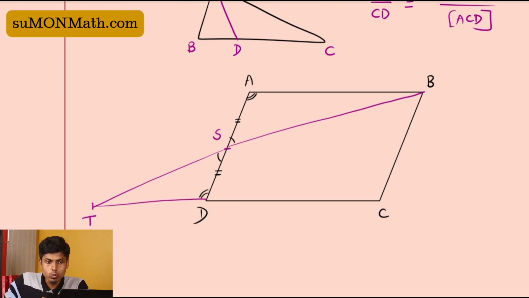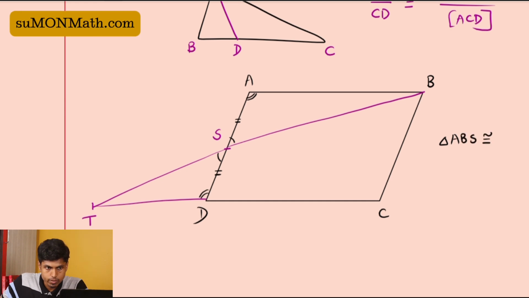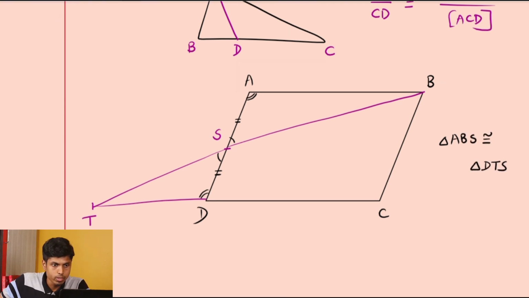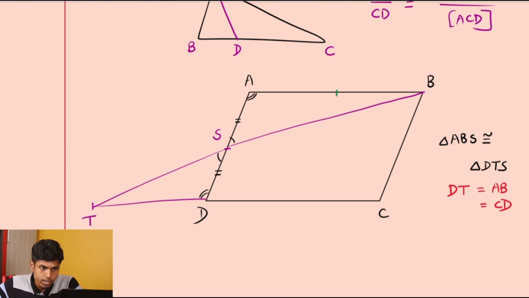By ASA congruence, triangle ABS is congruent to triangle DTS. And therefore, notice that DT equals AB, but AB in turn equals CD because opposite sides of a parallelogram are equal in length. And now let's consider the segments CP and DP where P is the midpoint of AB.